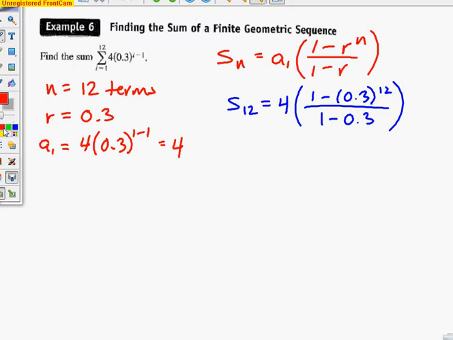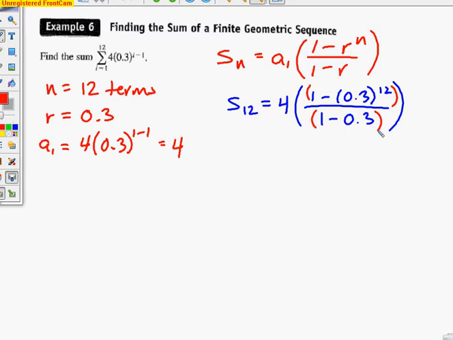Now when you do this, you need to be very careful with parentheses. When you input this, the numerator gets its own parenthesis, and the denominator gets its own parenthesis. I'll speak it out loud as you do it in your calculator at your desk. We have 4, parenthesis, and then parenthesis for the top, 1 minus parenthesis for the 0.3, close the parenthesis, raise to the 12, close the parenthesis for the top, divided by parenthesis 1 minus 0.3, close the parenthesis for the bottom, close the parenthesis for the entire thing.